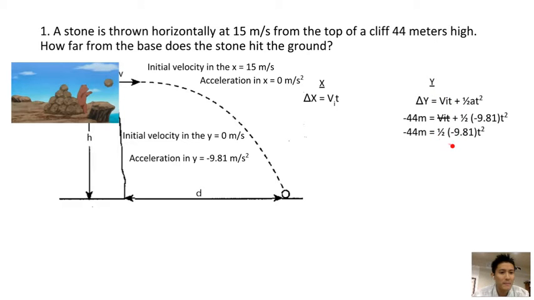So we're going to solve for this. Simplify our equation. Okay, multiply both sides by 2 to get rid of that half, and then divide by negative 9.81 to get 8.97 meters equals, okay, actually it's not going to be meters, but we're going to take the square root to get our time.